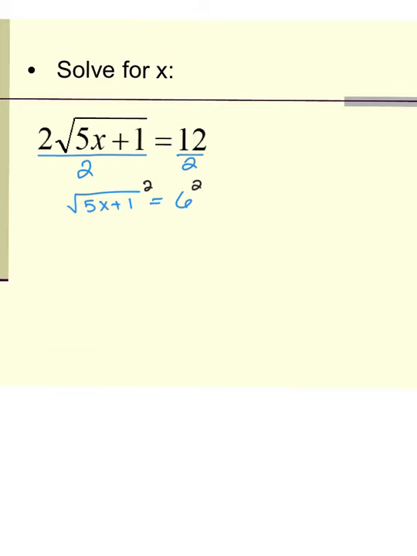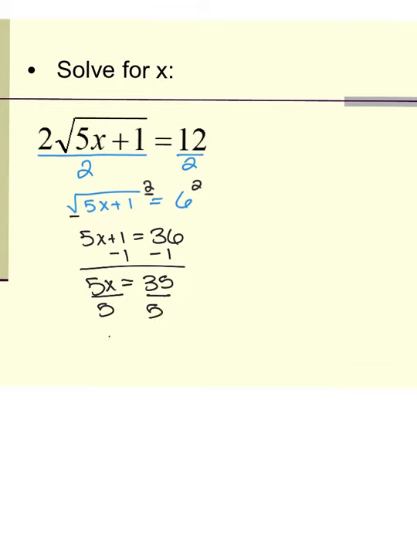So if I square both sides, this square cancels this square root. So I have 5x plus 1 equals 6 squared, which is 36. Now I have a basic equation to solve. I'm going to subtract 1. 5x equals 35. If I divide by 5, I get x equals 7.